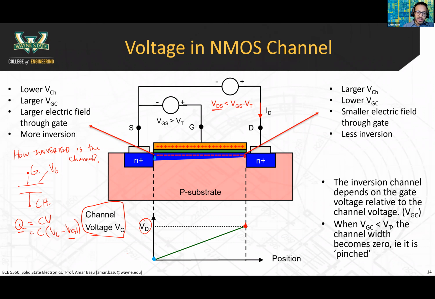On the left side, the channel voltage is low, and so that's going to result in maximum Q for the most inverted channel. That's why we draw the channel in this triangle shape to denote that the channel is most conductive on the left side, and less conductive on the other side.